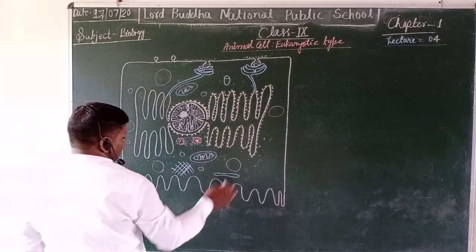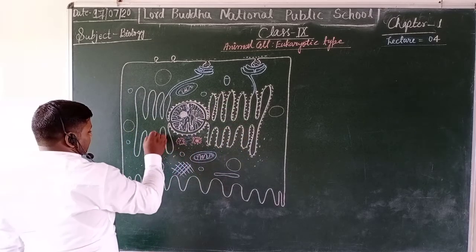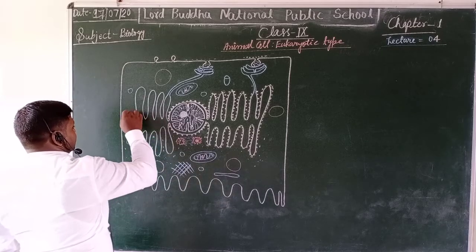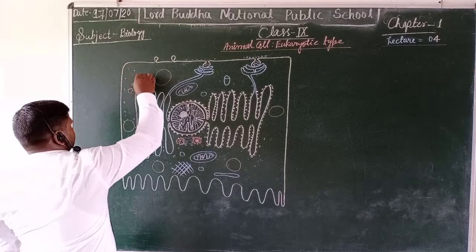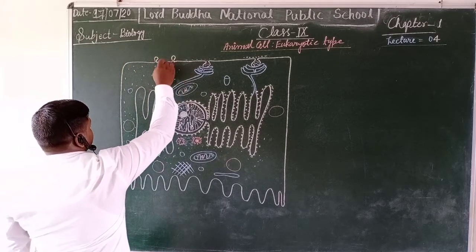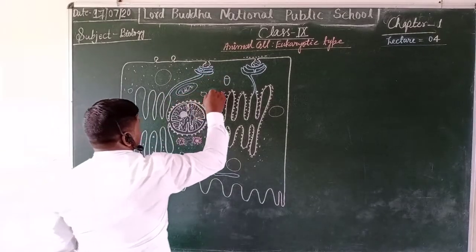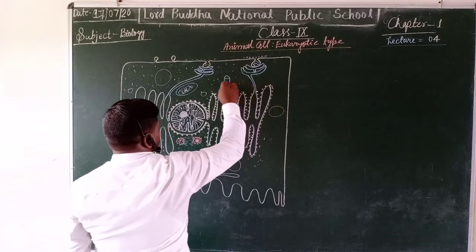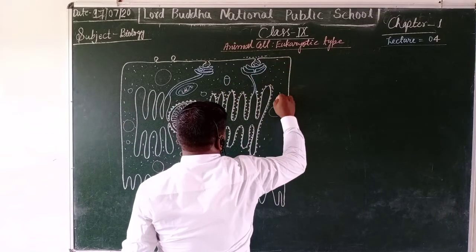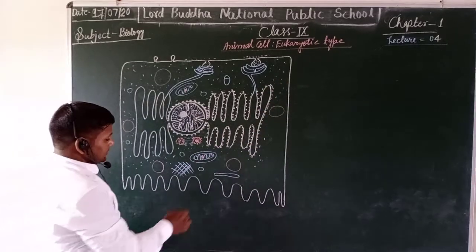Microfilaments overlap the whole cell or main cytoplasm and play an important role, just like the skeleton of the human body and other vertebrates. This is the feature of microfilaments. That's why microfilaments are known as the cytoskeleton system of the cell.